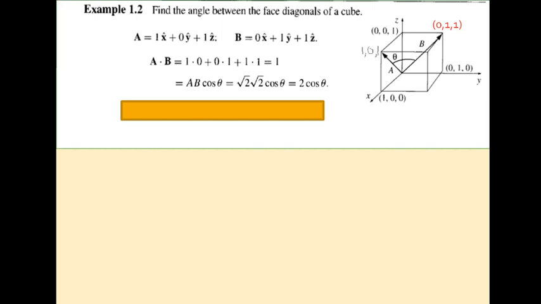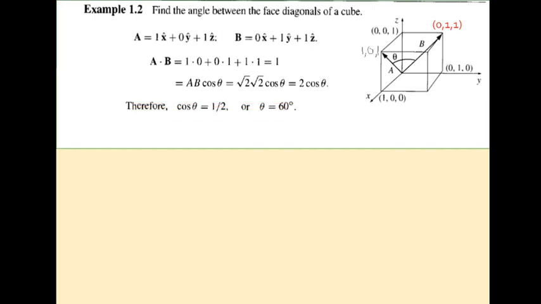So ultimately it is 2 cos theta, and since a dot b is equal to 1, the 2 goes to the left hand side, so cos theta is equal to 1/2, and therefore theta is 60, meaning this angle will be 60.